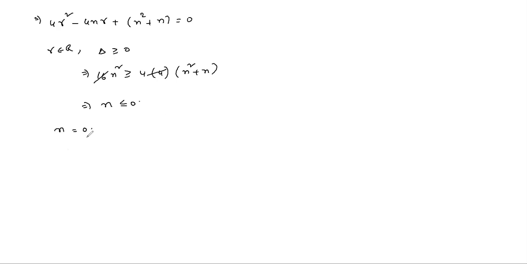None of these are 0. For n equal to 0, something to the power 0 is 1, so no expansion we get. So better you take none of these ones, meaning such type of n does not exist.